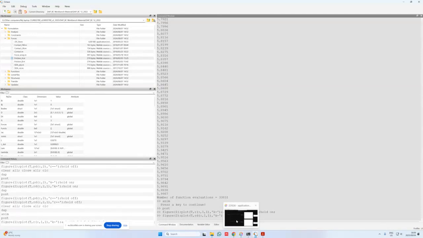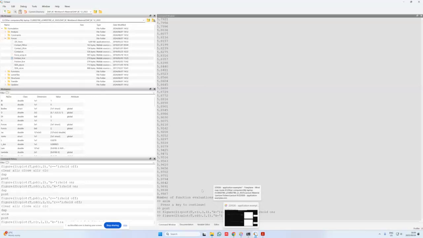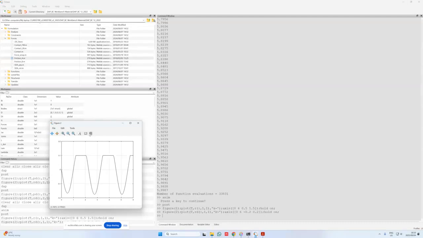And if I just look at their axis scaling, it's 0, 6, minus 0.2 to 0.2. Okay, and then I can just say hold on again. Right, and that then plots figure 2 in this case.